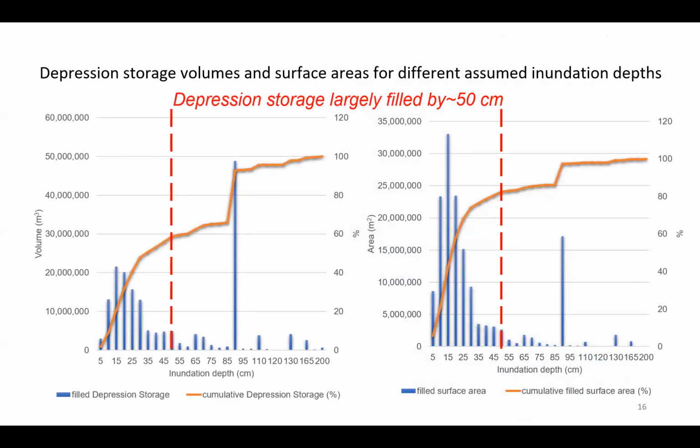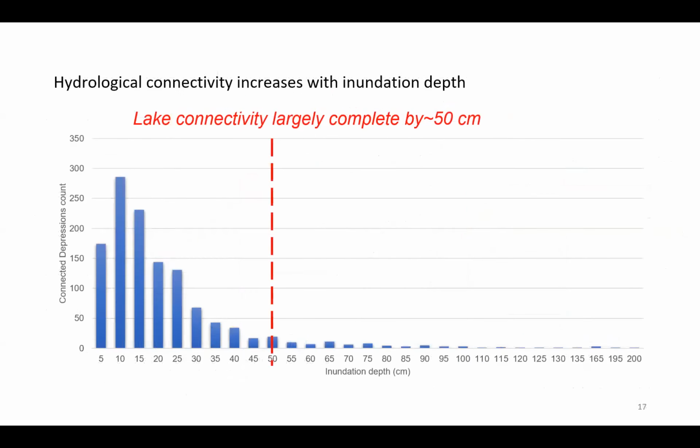This is the graph of surface areas and depression storage volumes for different assumed inundation depths. With 50 centimeters, depression storage is largely filled. Looking at the individual graph, you can see that with a 30 centimeter increase in inundation depth, 80% of the surface area is filled, but only 60% of the volume is filled, which indicates that there are many depressions with shallow depths.